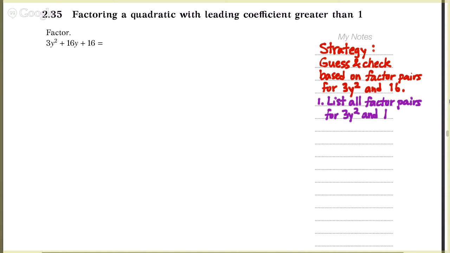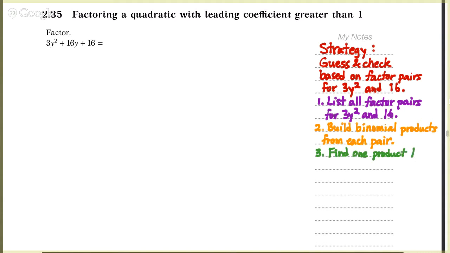So we'll do that by first listing all factor pairs that we can think of for 3y squared, as well as all factor pairs we can think of for the number 16. Then we'll use those to build binomial products from each factor pair until we find one that multiplies and simplifies out to our original expression.